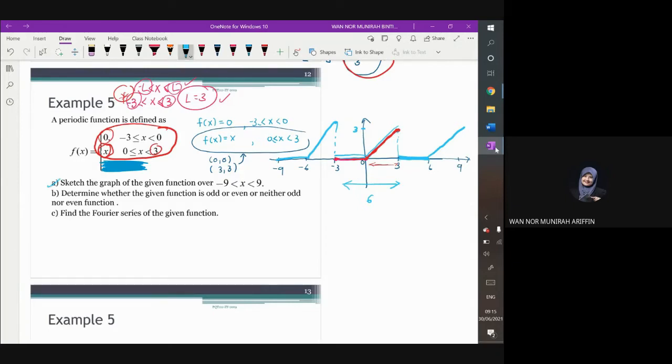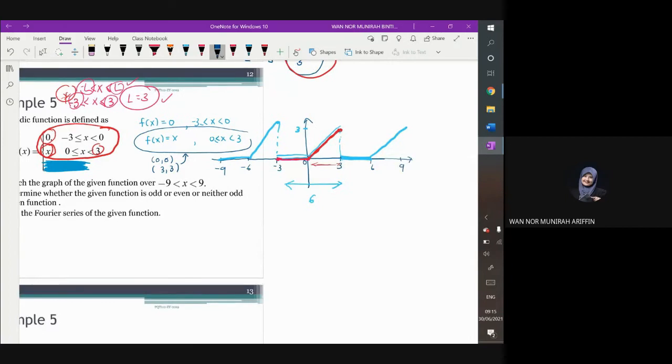Next, determine whether the function is odd, even, or neither odd nor even. Look at the single function here. When you try to fold at the y-axis, you will find that the graph is not symmetrical. When you try to fold at the origin, at any point of the origin, you will find that the function here and here is not symmetrical.